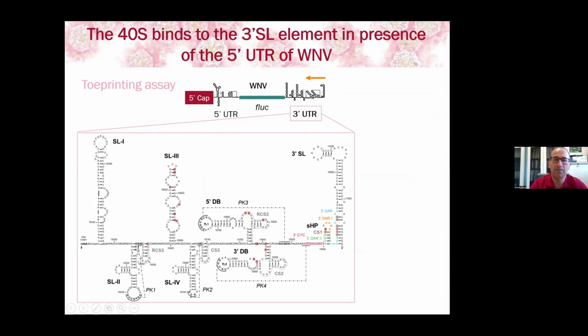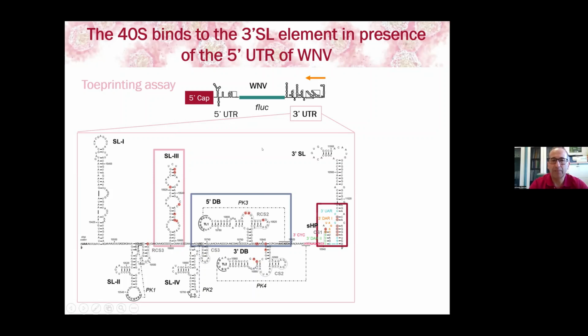But when we add the 5' UTR, you can see that we maintain the SL3 as a potential binding site, but the stops in the 5' DV become weaker, and a new potential binding site appears at the 3' SL.